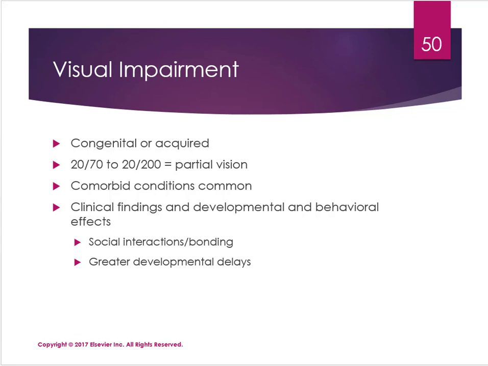Partial vision is defined as best corrected visual acuity between 20/70 and 20/200. Legal blindness is distance visual acuity of 20/200 in the better eye. And amaurosis is the medical term for partial or total loss of vision.